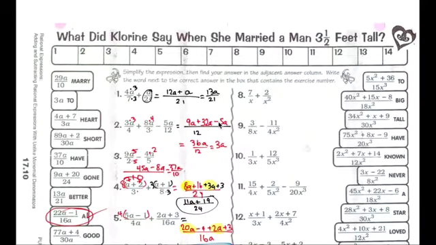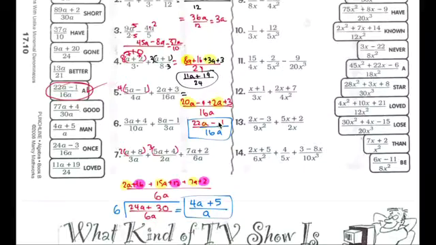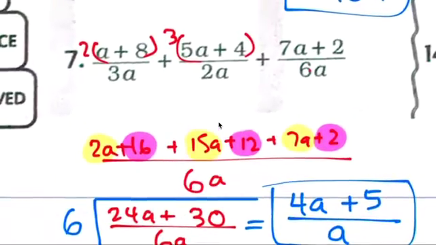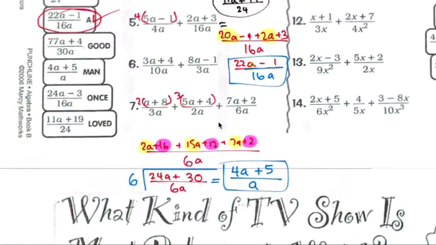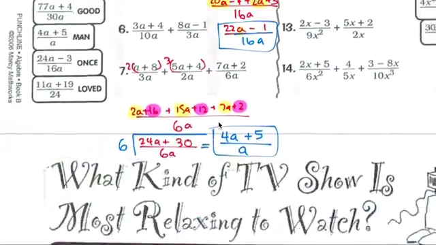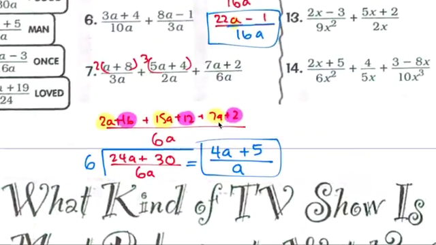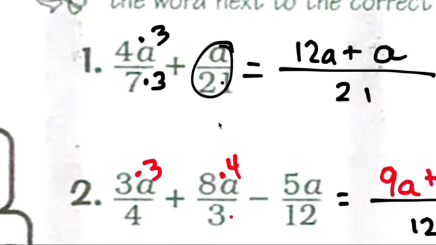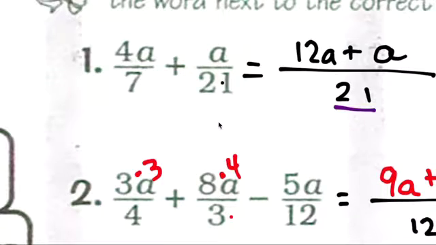We did a lot of this in class. The one I explained here, let me re-explain this for those of you who are absent. Find common denominators, like what makes 21. Here the common denominator is 21, so this is missing a 3, so times 3, that's how we got that.